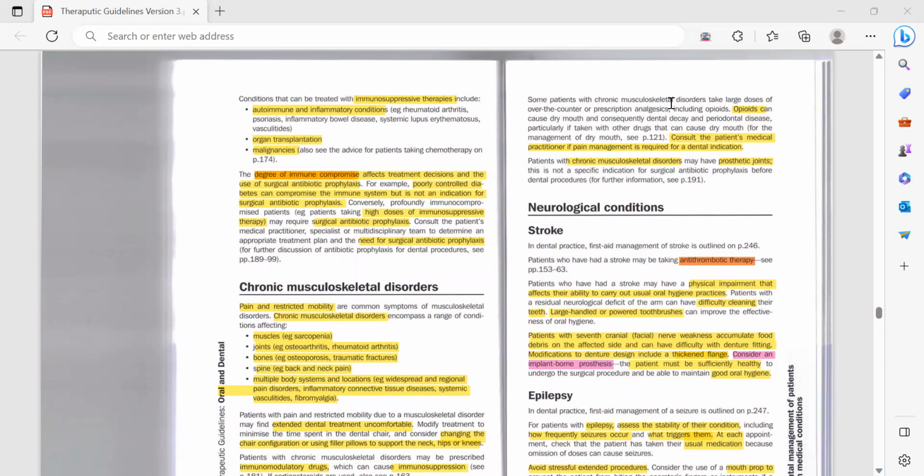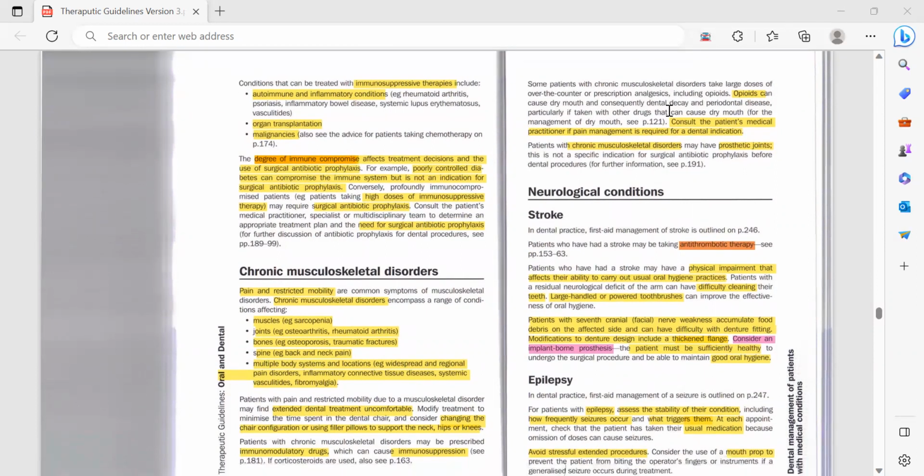Some patients with chronic musculoskeletal disorders take large doses of over the counter or prescription analgesics, including opiates, because they would always complain that their knees, muscles, and joints are paining.